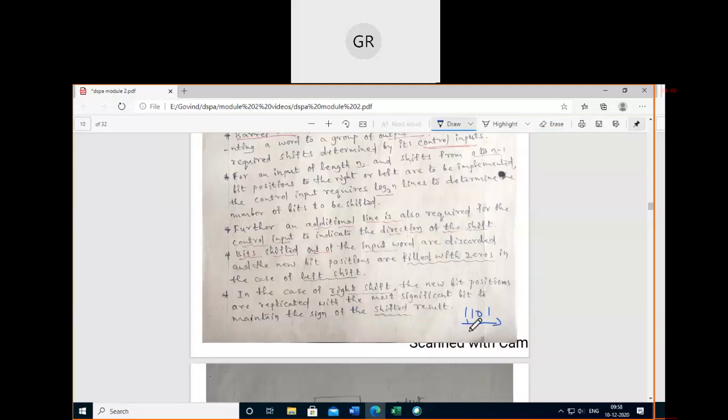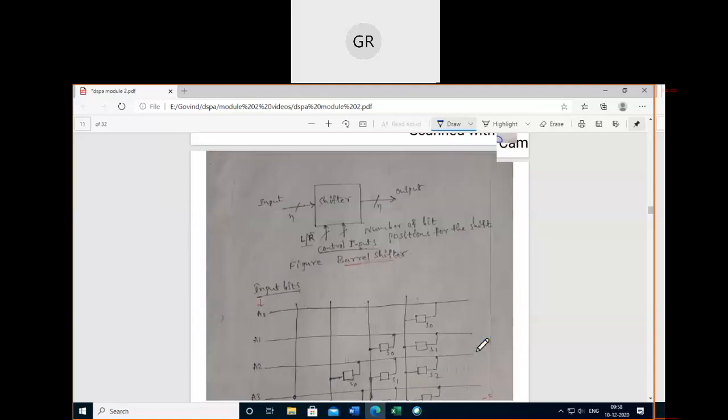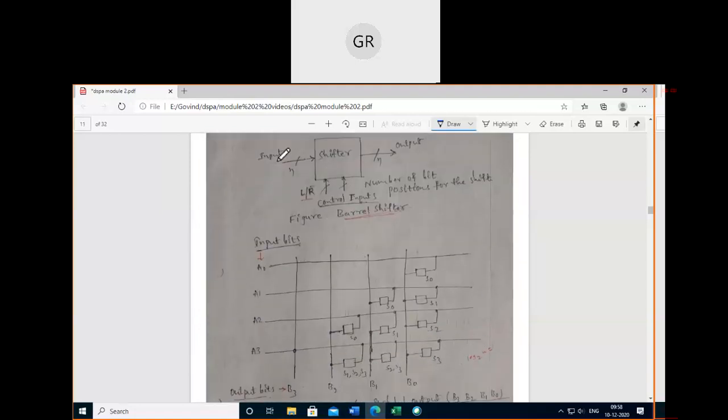This one will come here, this one will come here, and this 0 will come here. That means 0 here, 1 here, 1 here. Then what about this position? What is the most significant value here? It's 1, right? So this is filled by 1. This is right shift.